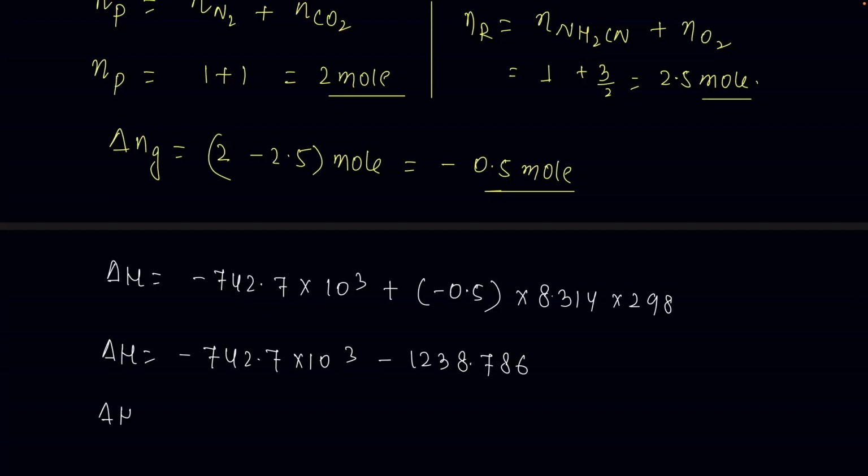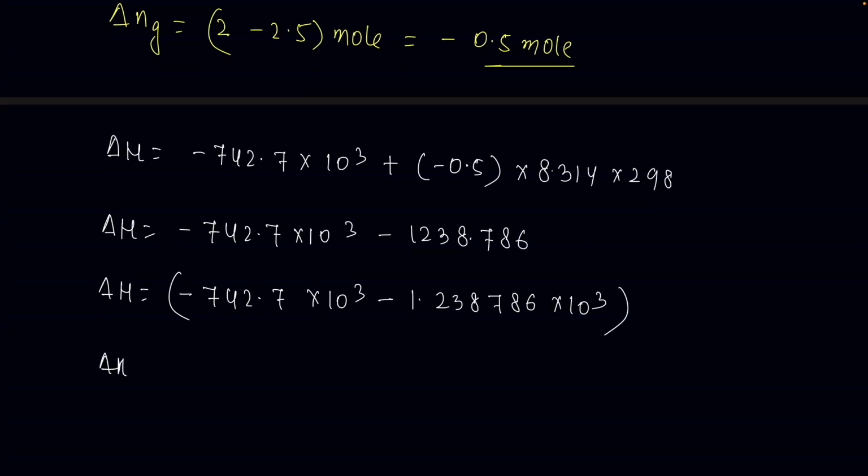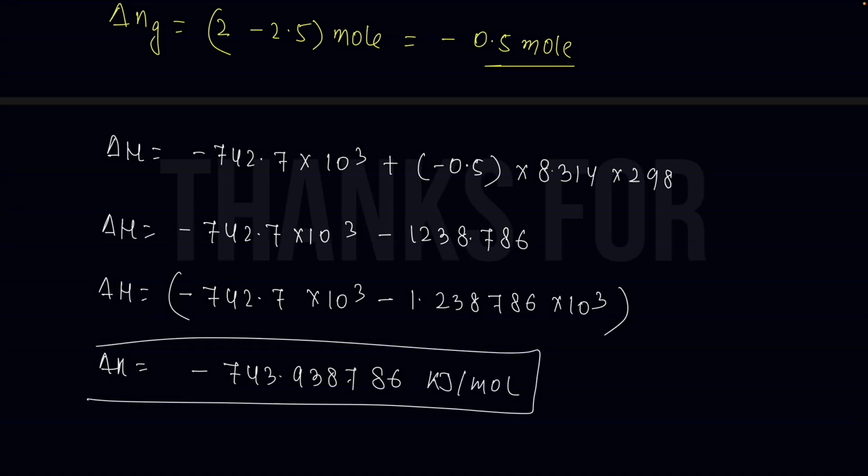So delta H is equal to minus 742.7 into 10 to the power 3 minus 1.238786 into 10 to the power 3. Delta H is equal to minus 743.938786 kilojoule per mole. So this is the answer of this question.